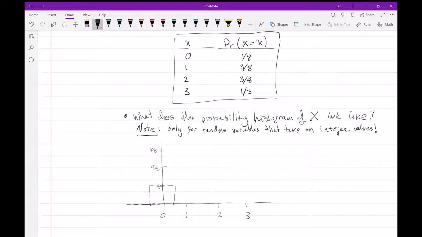Around 1, I make a bar also of width 1. It goes up to 3/8. And the same thing around 2. Then around 3, again, I have a probability of 1/8, so it goes up to 1/8. So we've plotted the probability histogram for x.